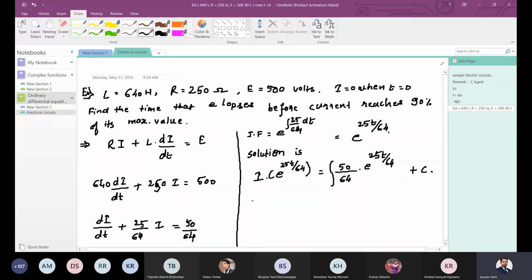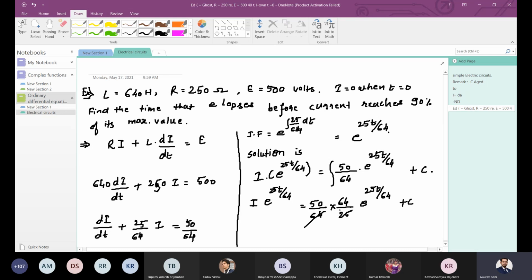Then let's integrate the right hand side. This is equal to 50 upon 64 into 64 upon 25 e to the power 25 t by 64 plus c.